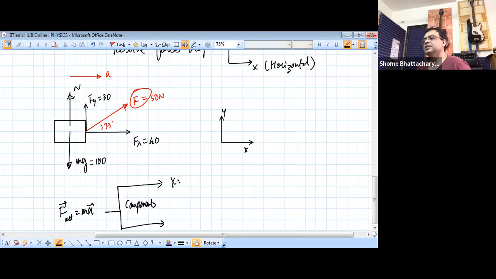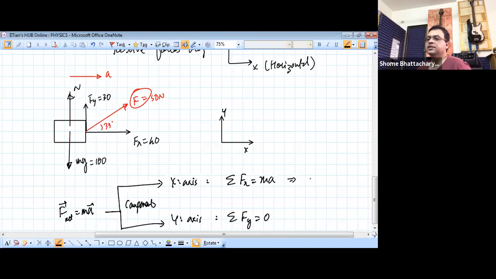So along the x-axis, the summation of all the x forces should be equal to mass into acceleration. Whereas along the y-axis, the summation of forces should be 0, because the motion is happening only along the x-axis.